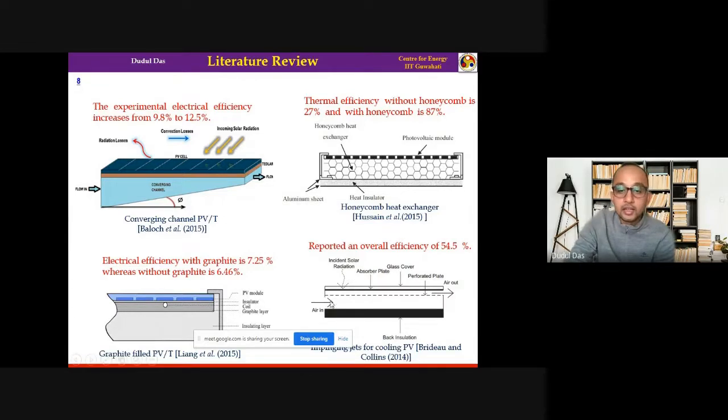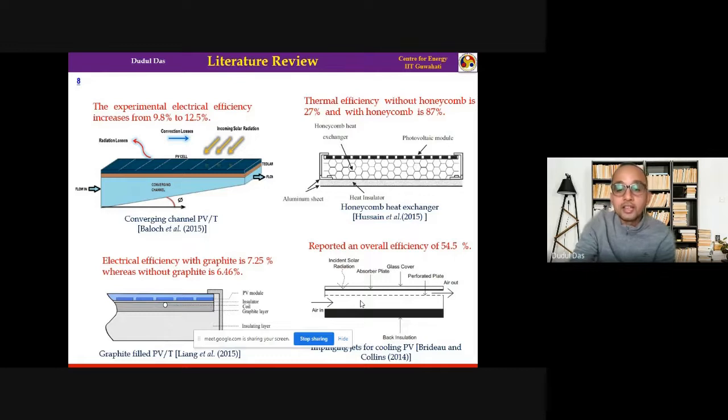And in this layer, they placed a perforated sheet below the PVT and forced some air below the perforated sheet, so that these perforations help in uniform distribution of air and that heats the solar cells uniformly.